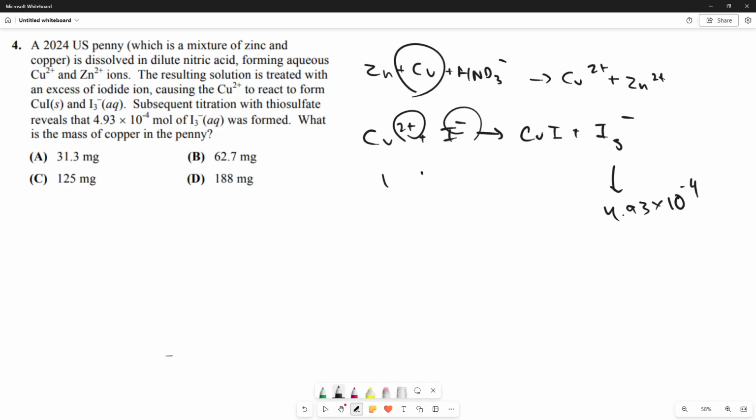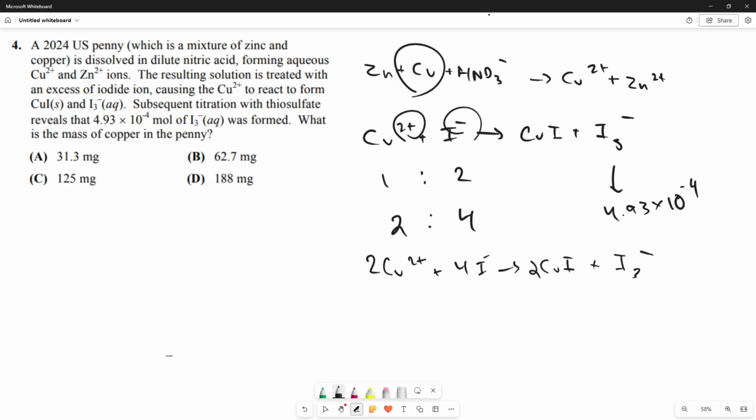But there are 4 atoms of iodine on the other side, so since there has to be a coefficient of 4, there has to be something which is half of that, so that's 2. For 2 moles of Cu2+, there are going to be 4 moles of I-. And further balancing that, there are going to be 2 moles of CuI.